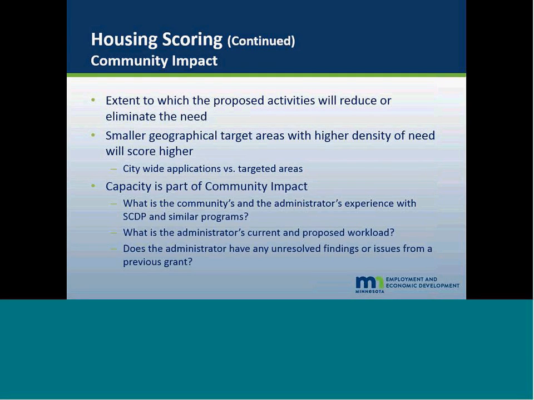Remember again, communities with a population of 1,000 and under, or multi-community population collectively of 1,000 and under, may submit a citywide application. So we look at citywide applications and we score target areas. So we compare them that way.